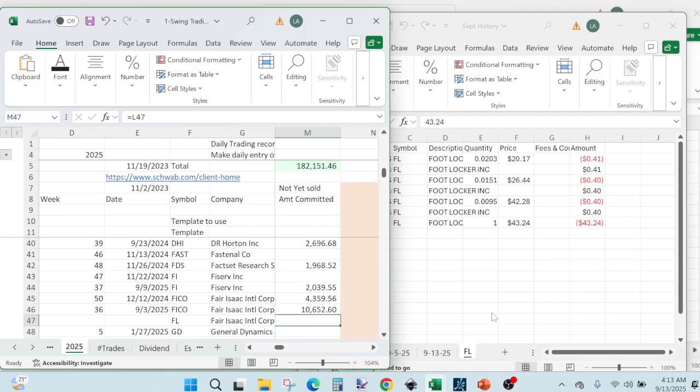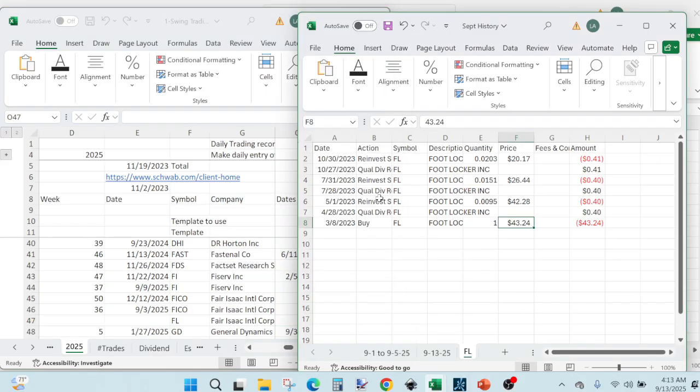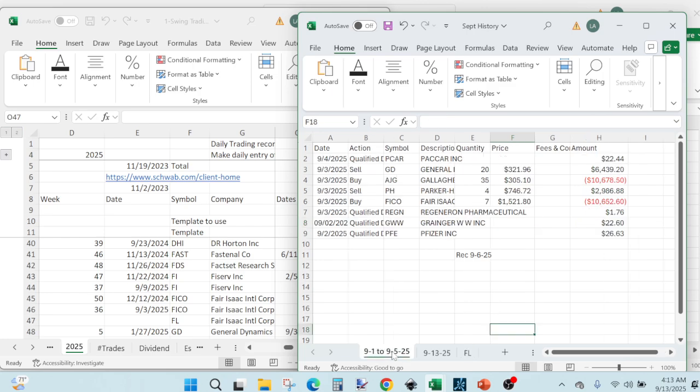I can take that out, and it was sold on us on... it does not even say that it was sold. I noticed it today, because last week it was still in the account, but not this week.